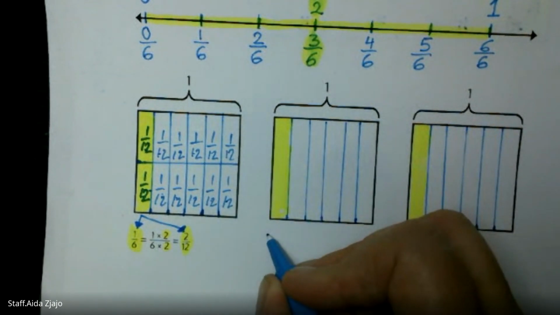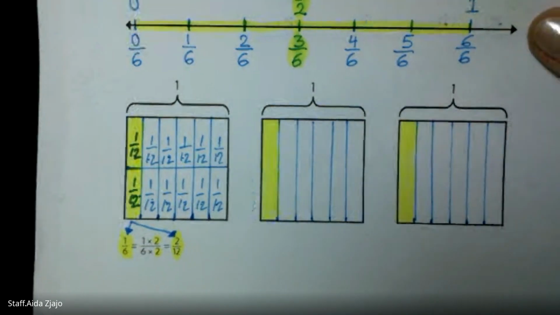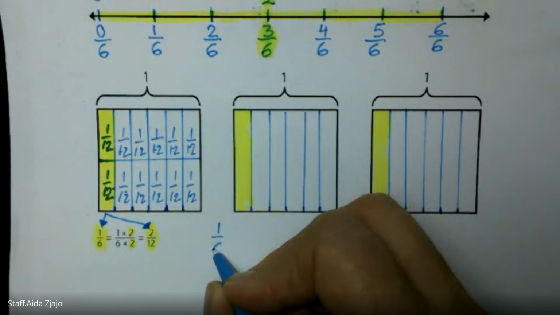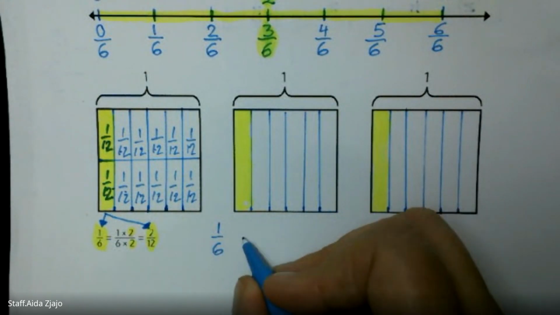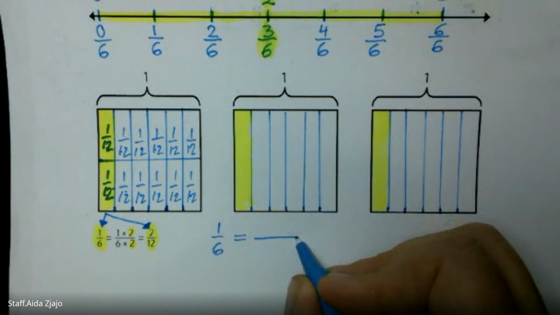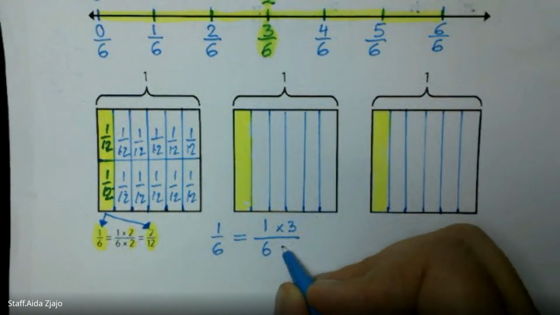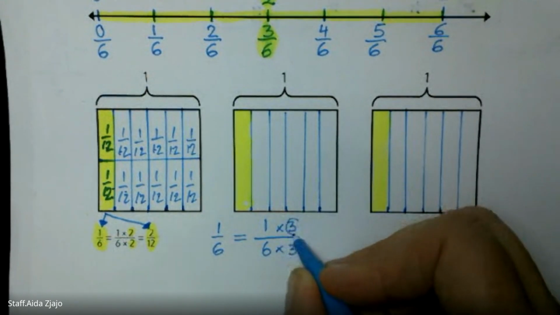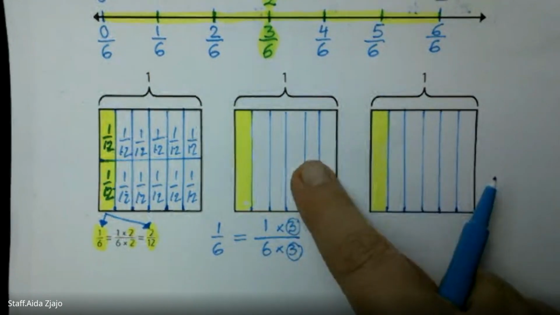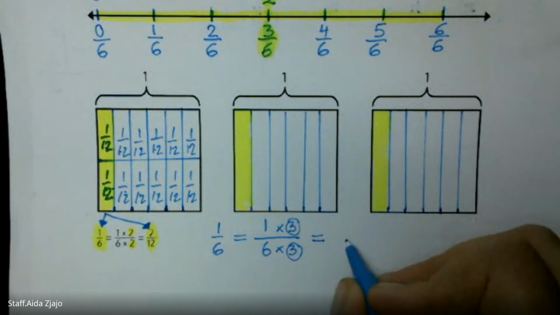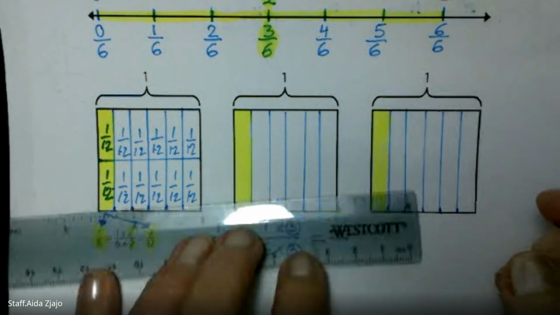If I multiply 1/6 by 3, which in reality means we divide the space into 3 equal parts, we will get an equivalent fraction.